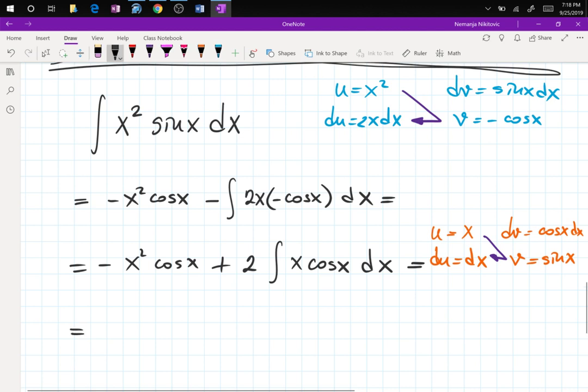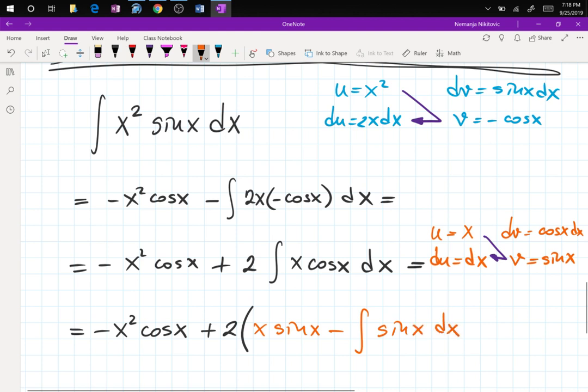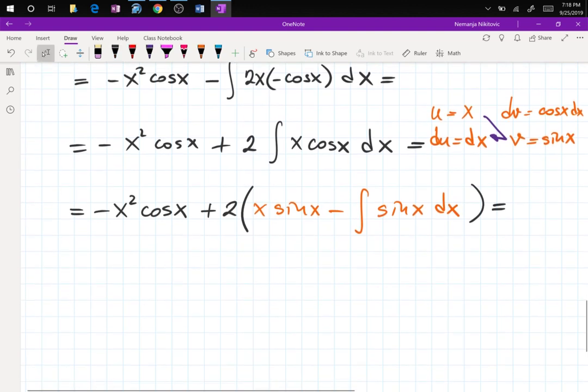So negative x squared cosine x plus 2 times open parenthesis, and this is where the orange stuff goes. I have x sine x minus the integral of sine x dx, and then the parenthesis closes, and we see that the orange integration by parts is now nested within the old integration by parts.